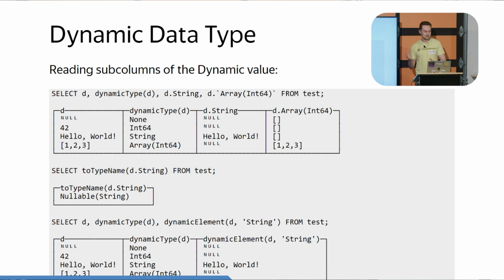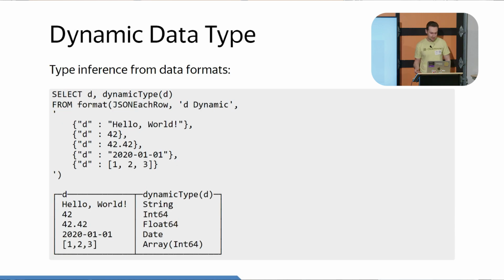So the format is column-oriented. It is as optimal as it could be. And finally, it works for any data formats. It will insert anything from JSON, CSV, TSV into the dynamic column.